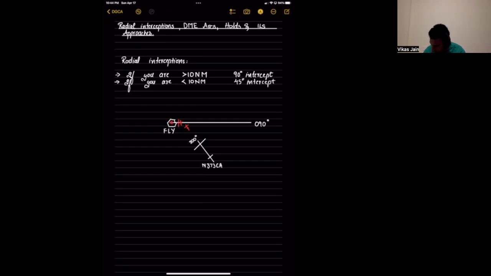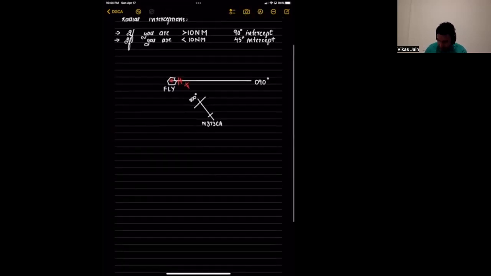Now, what does this 90-degree intercept and 45-degree intercept actually mean? It's very simple, and a lot of students do get confused with this. If this is your 090 radial from the FLY VOR, Foxtrot Lima Yankee, for a 90-degree intercept, when you're coming closer to that radial, obviously it's not a physical radial, it's imaginary, or a frequency that is being sent out from the VOR, which you can see on an instrument.